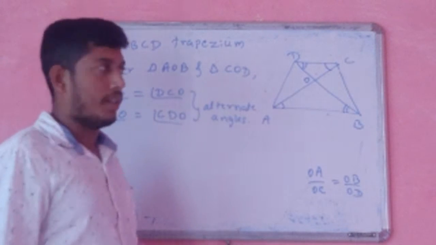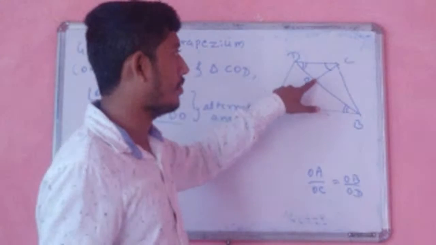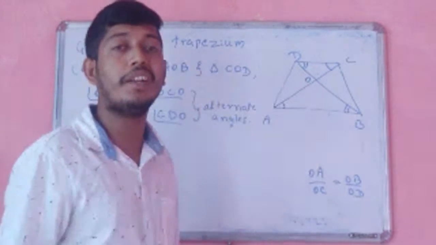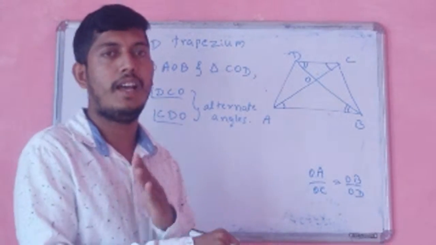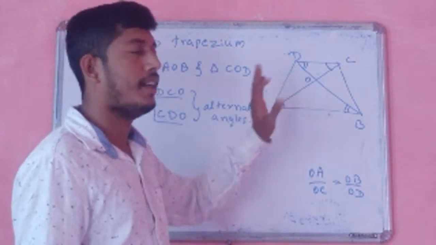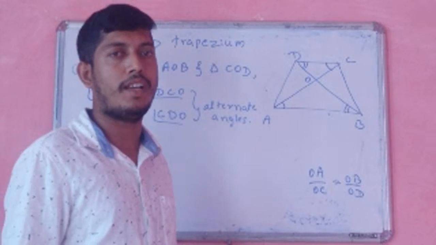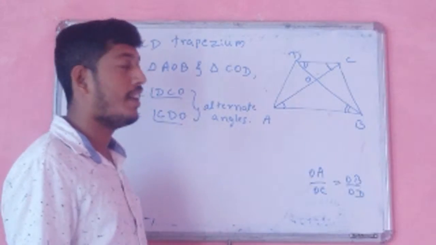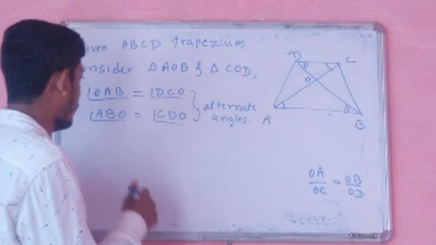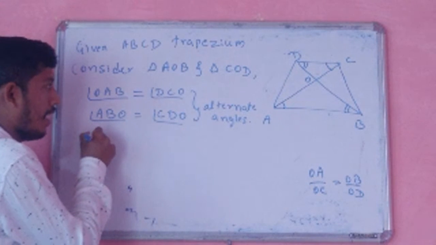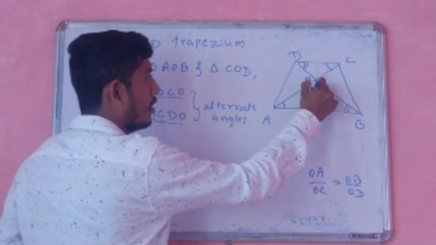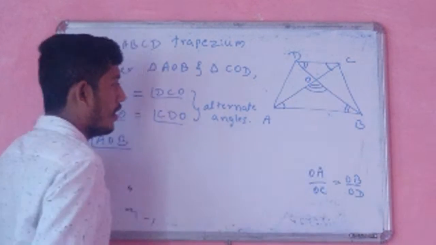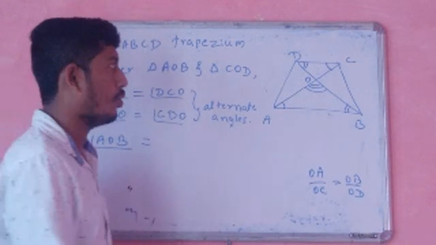The next one. So I will consider these two angles. They are known as vertically opposite angles, because when two lines cut, the angles at the intersection are called vertically opposite angles. So therefore I will consider angle AOB, this angle, is equal to angle COD.